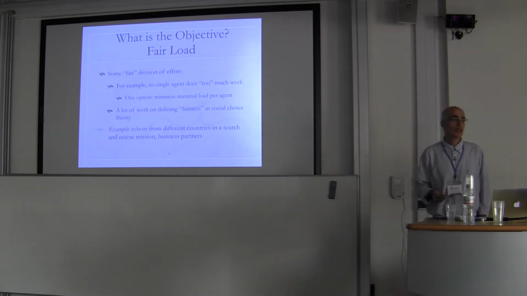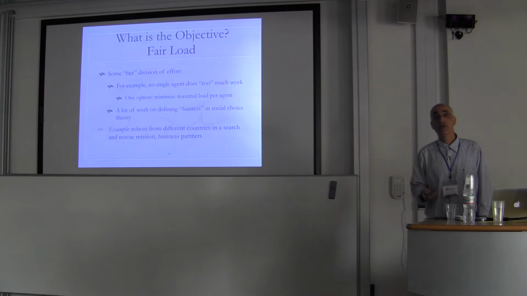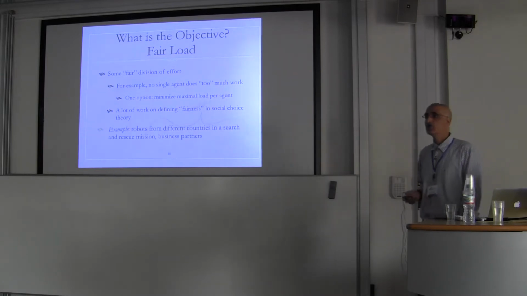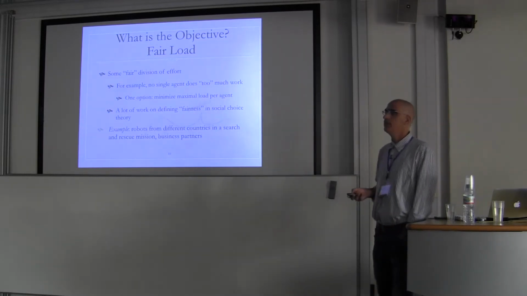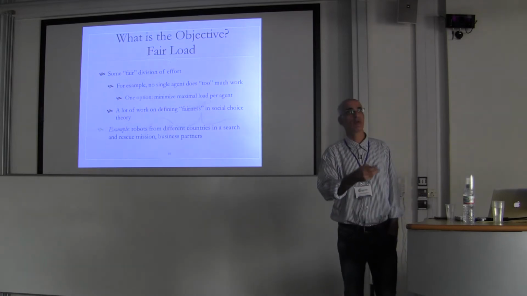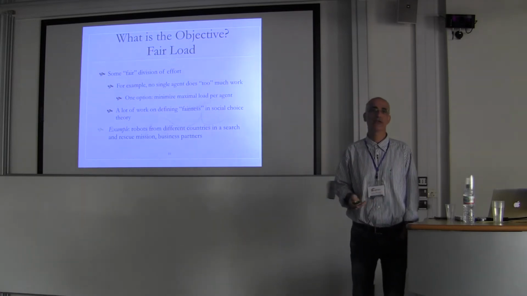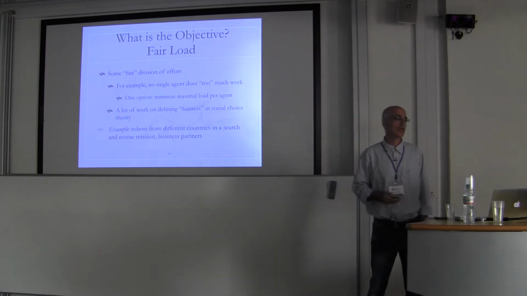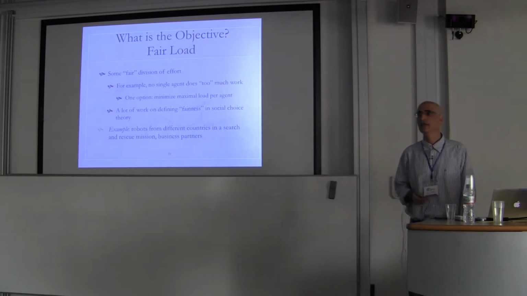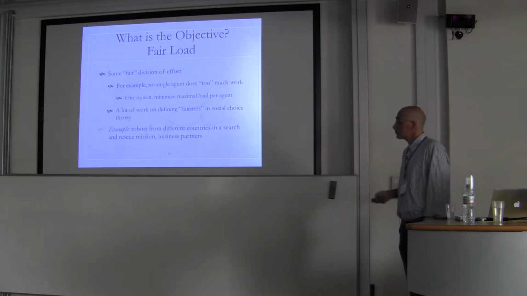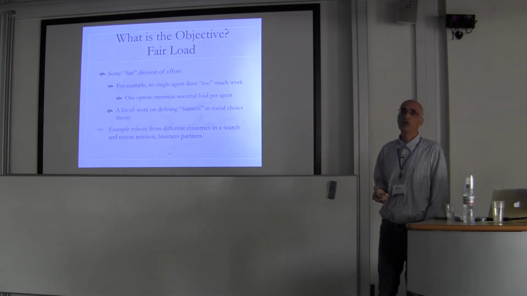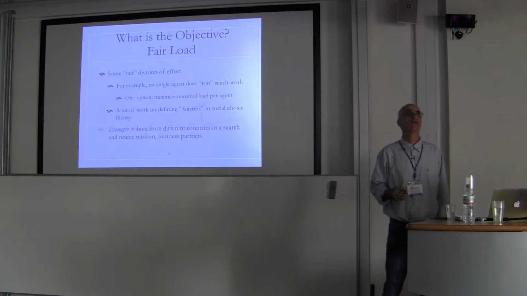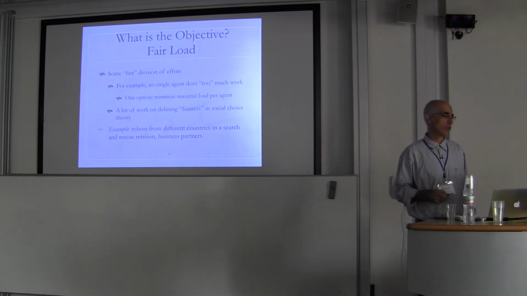But in some cases, what you care about is some fair division of the load. So maybe different countries are sending their robots to a certain disaster area to help do some rescue mission, and then we also want to make sure that there's no single robot that does too much work.